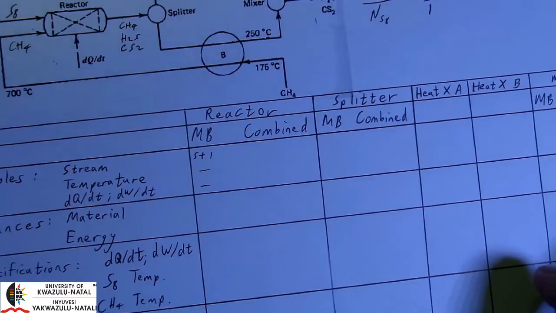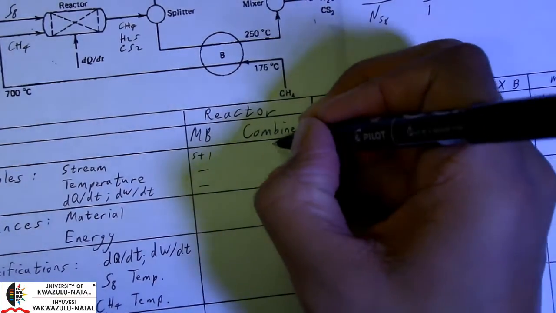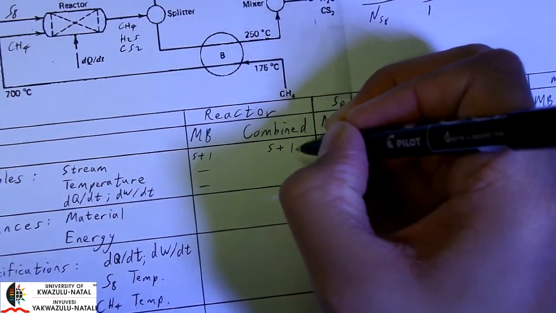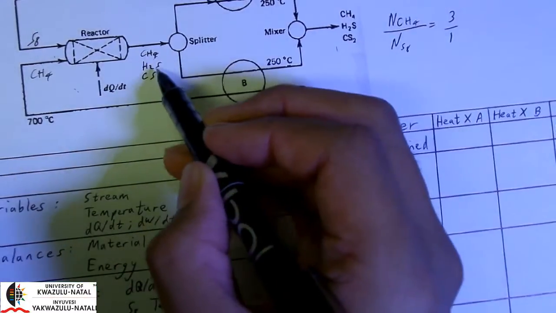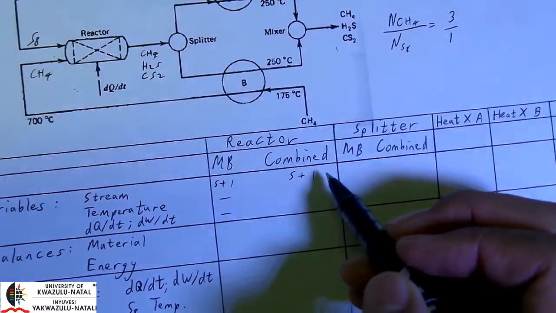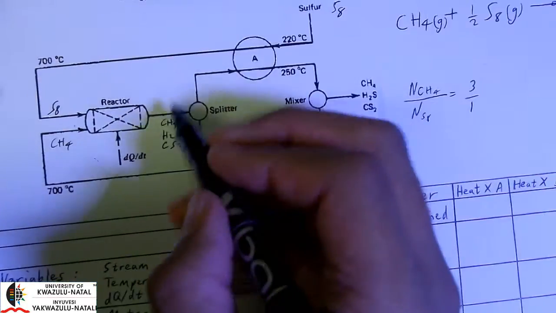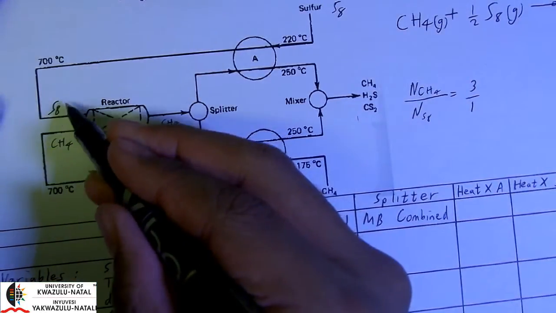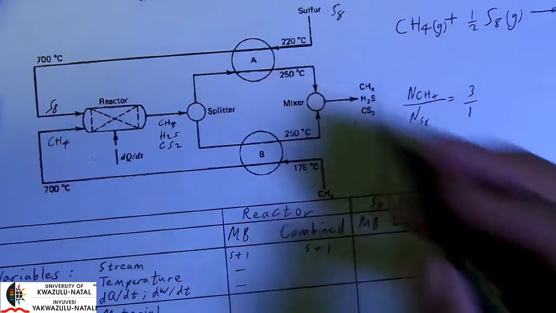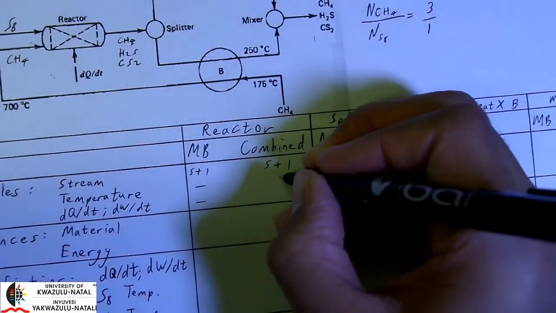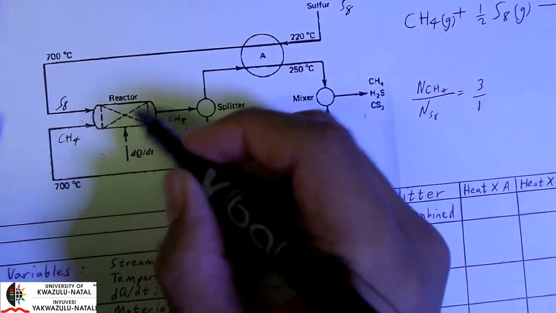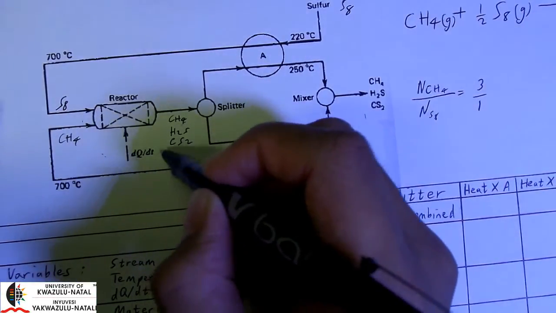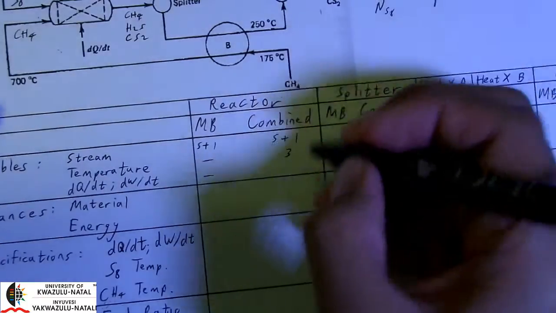Now with the combined balancing, we will include our usual stream variables. Okay, so that's our 1, 2, 3, 4, 5 plus the 1 reaction. And now since we have 3 streams, each of them will have a temperature. So we have 3 temperatures. And the reactor would of course have an associated dQ/dt and dW/dt.